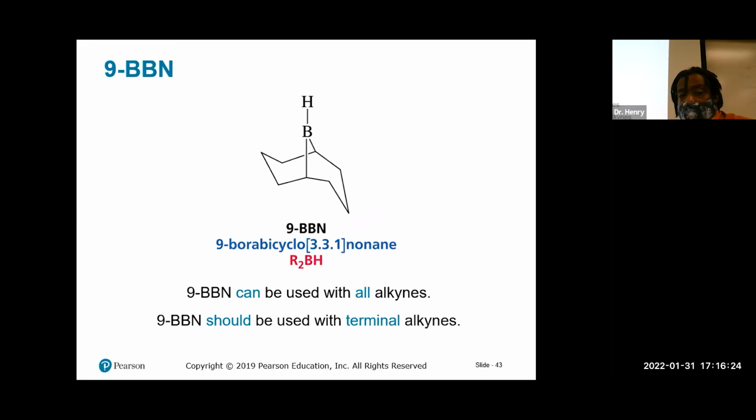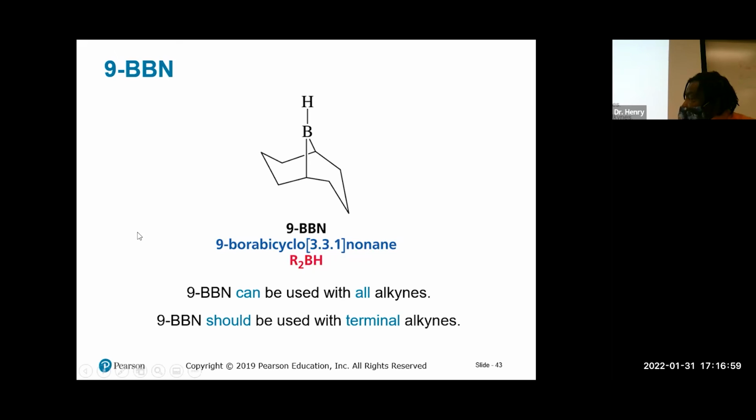So you can also use 9-BBN, which is 9-borabicyclo[3.3.1]nonane. So in other words, your boron is attached to a cyclic moiety, right? Or you could use boron that has 2 hydrocarbons attached at other ends too.